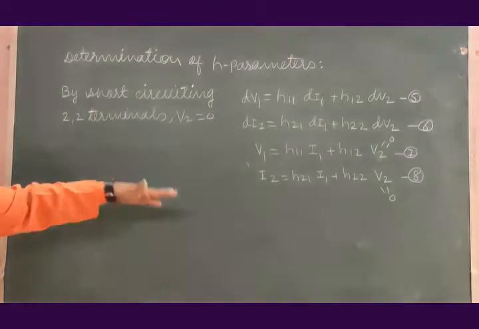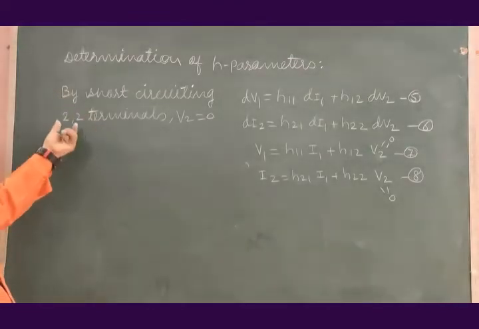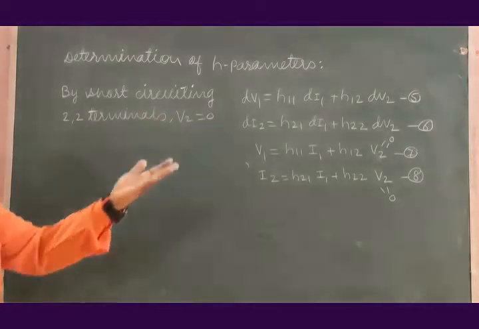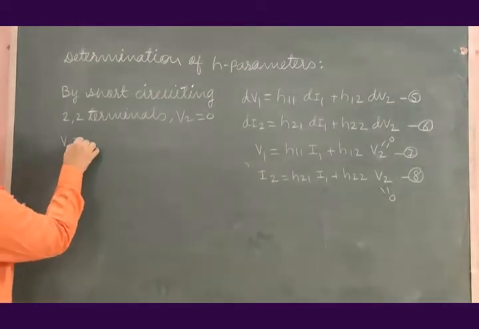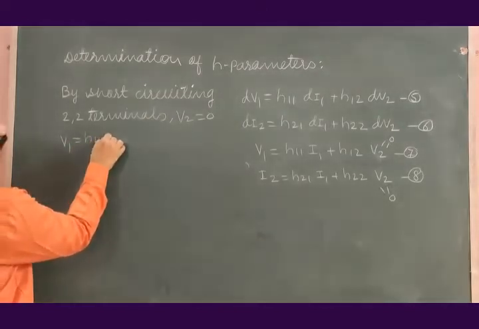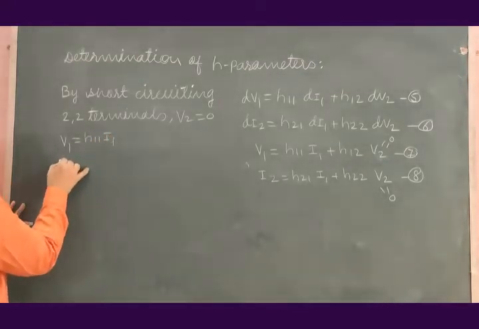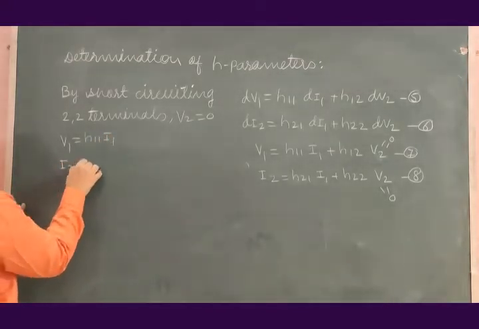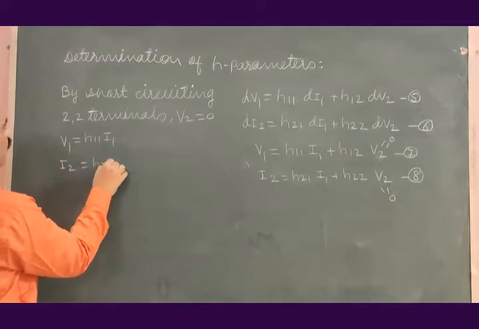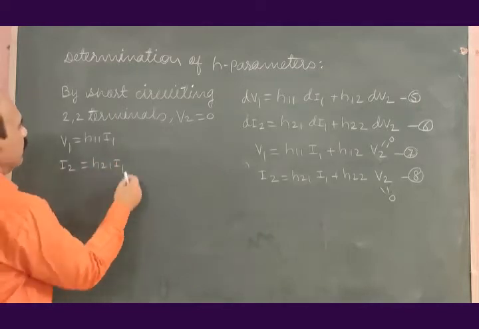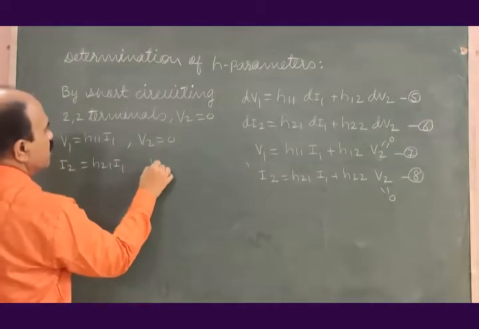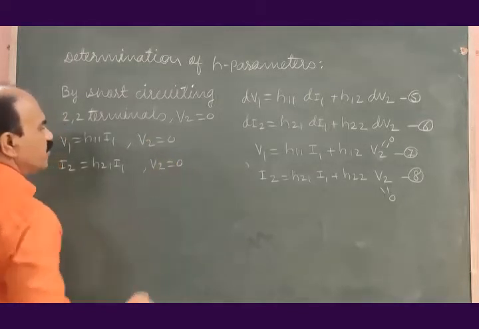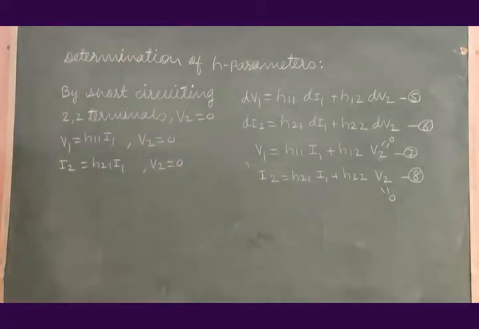As V2 becomes 0 because of short circuiting of two terminals, equations 7 and 8 can be written as V1 = H11 I1 and I2 = H21 I1. This is true when V2 is 0.